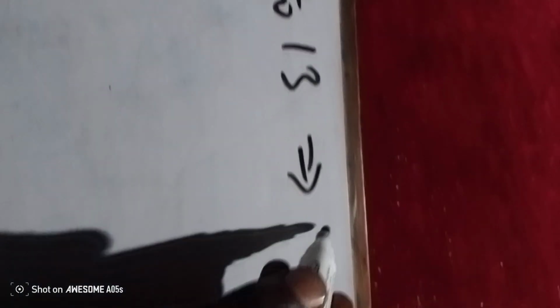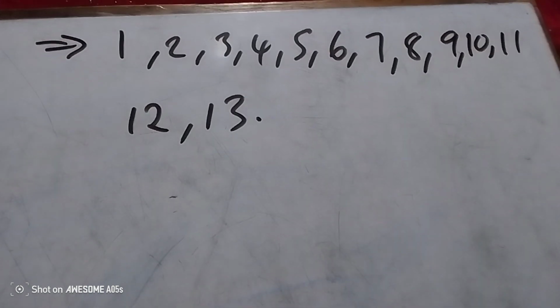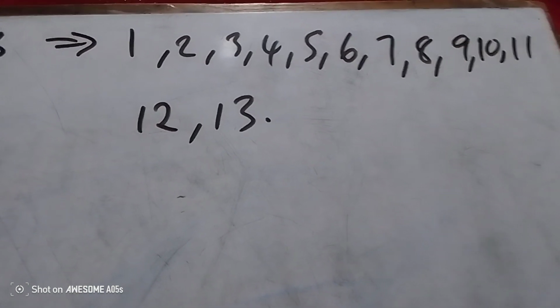In simple terms, 1, 2, 3, 4, 5, so these are the numbers which we have, 1, 2, 3 onwards up to 13.